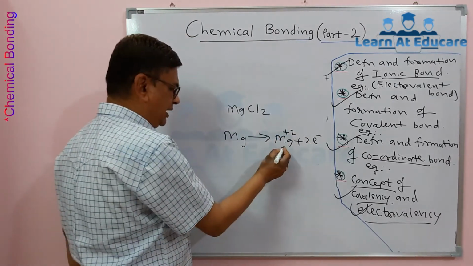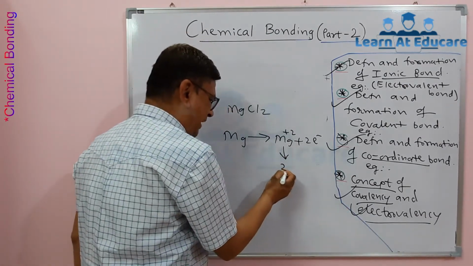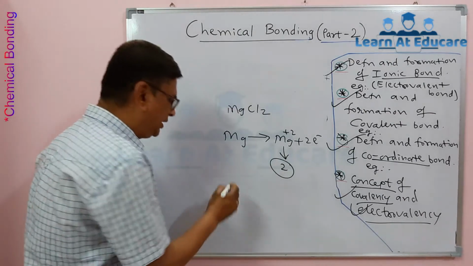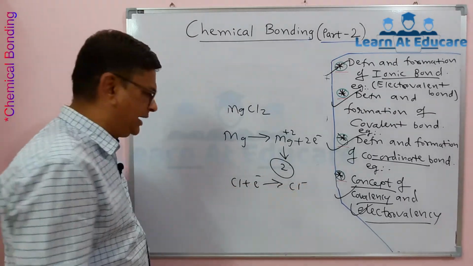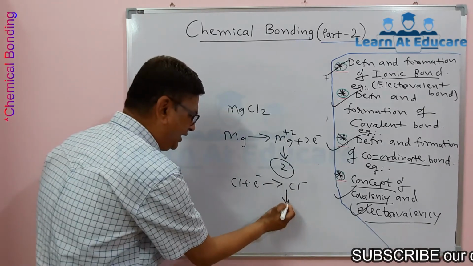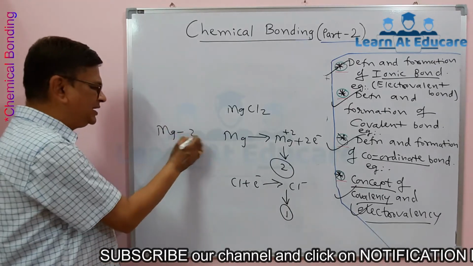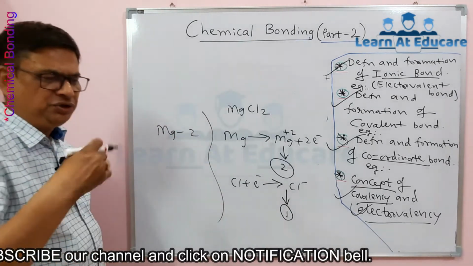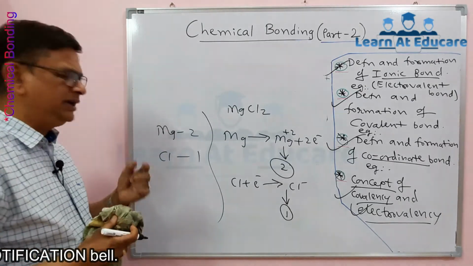So the ionic valency, which is called the electrovalency, of magnesium is 2. But one chlorine atom accepts 1 electron to become the chloride ion. That's why the electrovalency of chlorine is 1. So magnesium's electrovalency is 2, meaning it can donate 2 electrons, while chlorine's electrovalency is 1 because it accepts 1 electron.